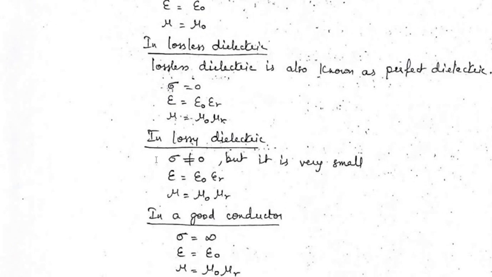If you take a lossless dielectric, sigma is not equal to 0, but it is a very small value, epsilon is equal to epsilon naught into epsilon r, mu is equal to mu naught into mu r. And if we take a good conductor, sigma is equal to infinity, epsilon is equal to epsilon naught, and mu is equal to mu naught into mu r.